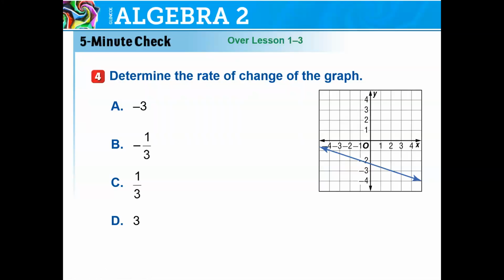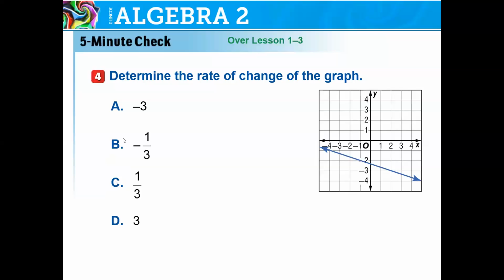My graph goes down as I work to the right, so we know it can't be a positive slope. The farther I go right, the more my graph decreases. So we know it's not C or D. Now it's time to determine between A and B.